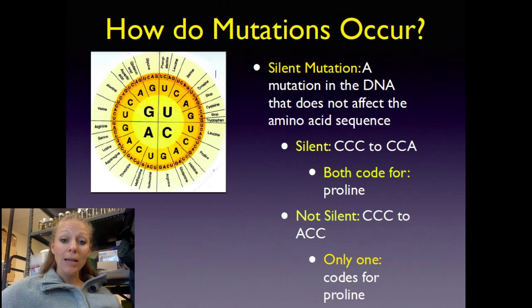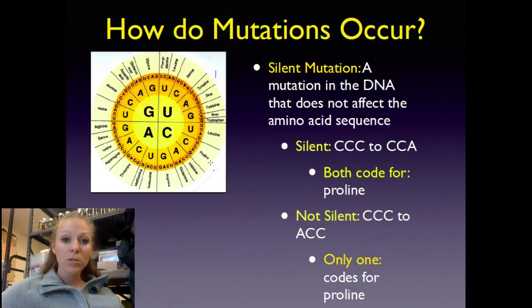If we look at the codon wheel, CCC is our original codon sequence. Let's say that there is a mutation to the third base and it becomes CCA. Well, they both code for proline, so it's not going to be expressed. There's no problem here. This is called a silent mutation.